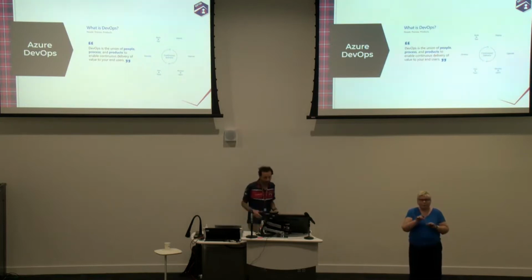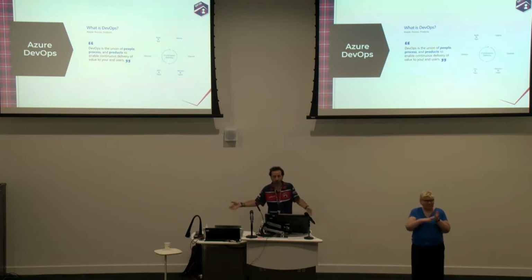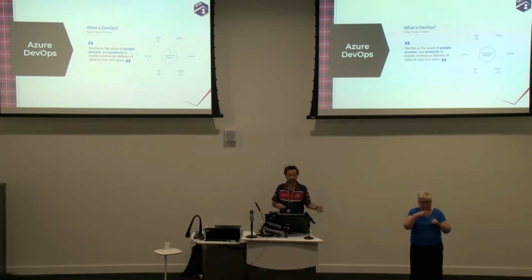What is really Azure DevOps? It's a completely web-based environment where we can do multiple things. We have different components in that environment where we can build and test. We can deploy things. We can of course develop.